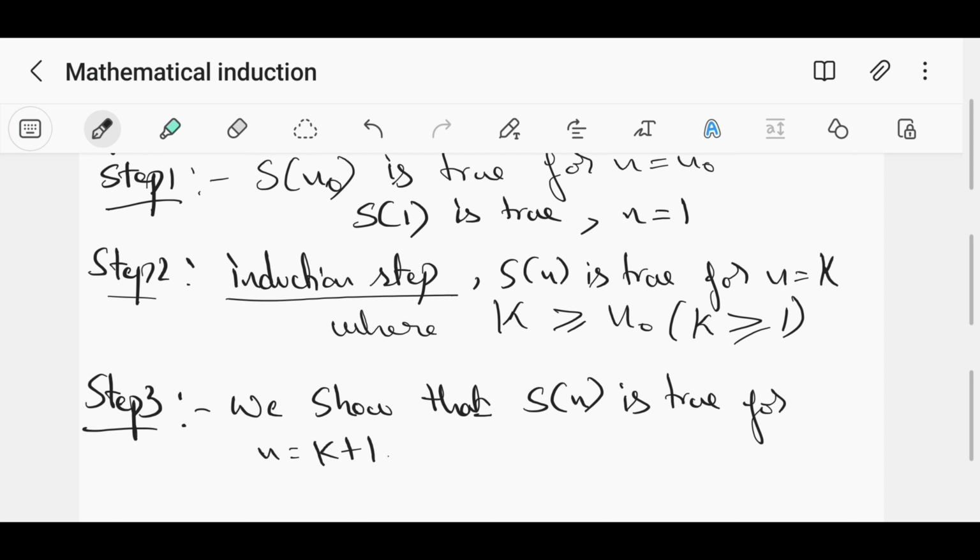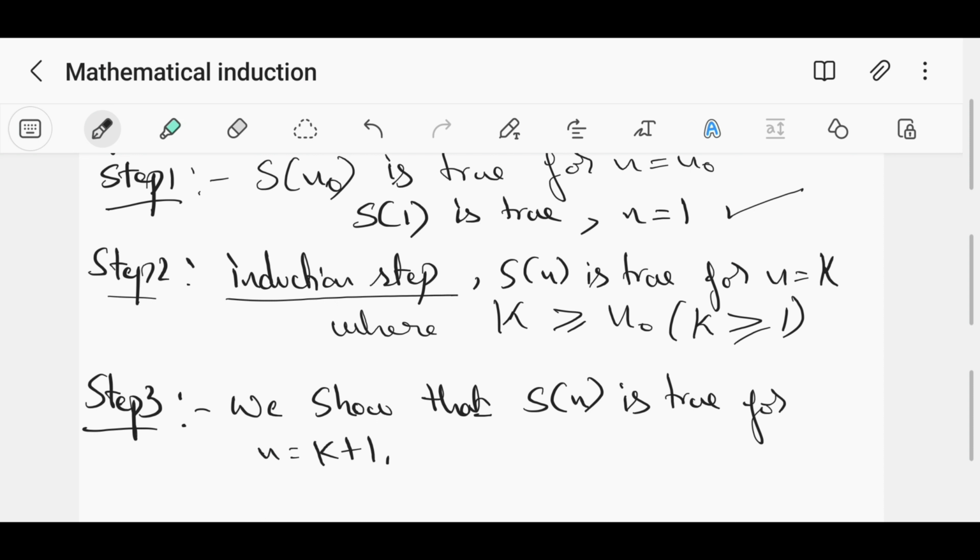So what we are doing here is, S of n is a statement given to us. In the first step, we prove that S of 1 is true. Whatever the statement given to us, in place of n we substitute 1 and prove that step 1 is true. In step 2, the induction step, we assume that n is equal to k, and we just assume that S of k is true; we will not prove it.